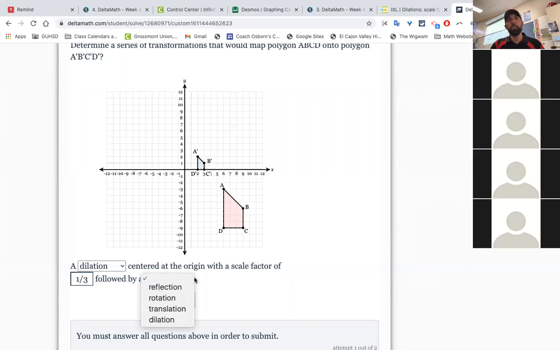And then we're going to follow that up by moving it up to here. So let's focus on A and see what happens.